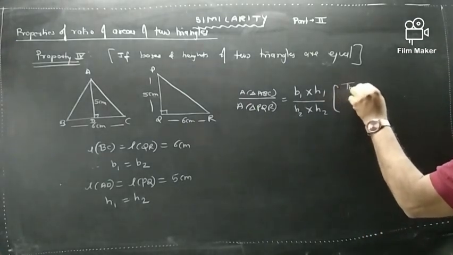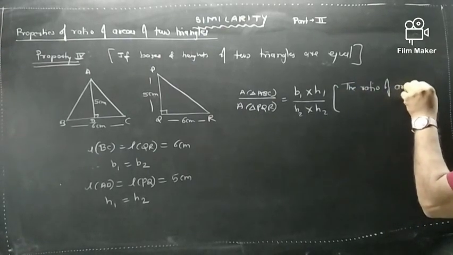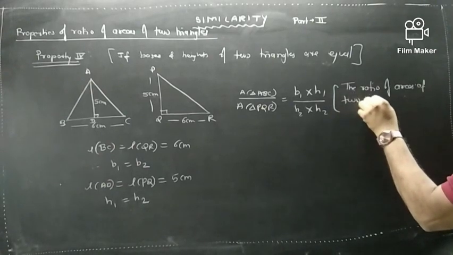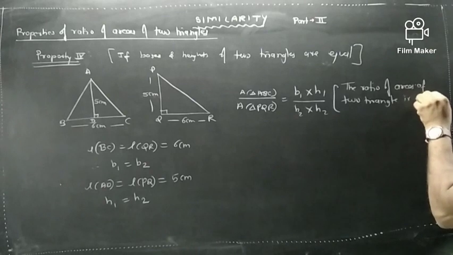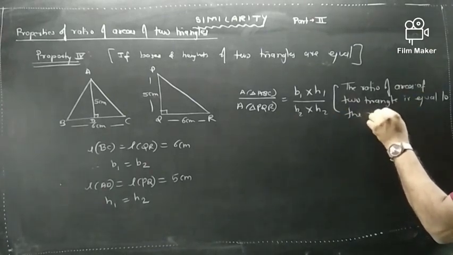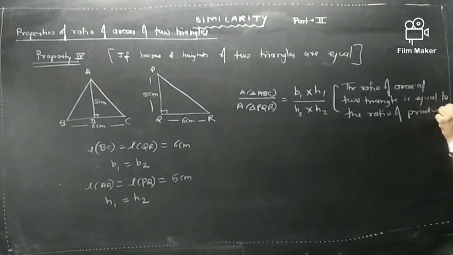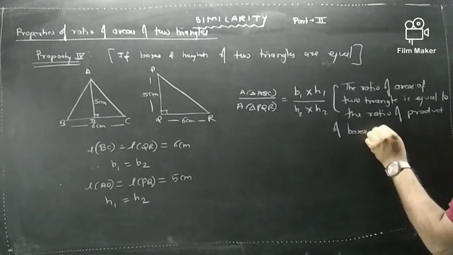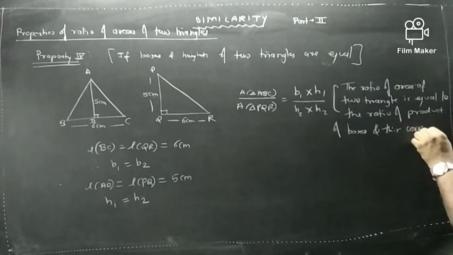The ratio of areas of two triangles is equal to the ratio of product of bases and their corresponding heights.